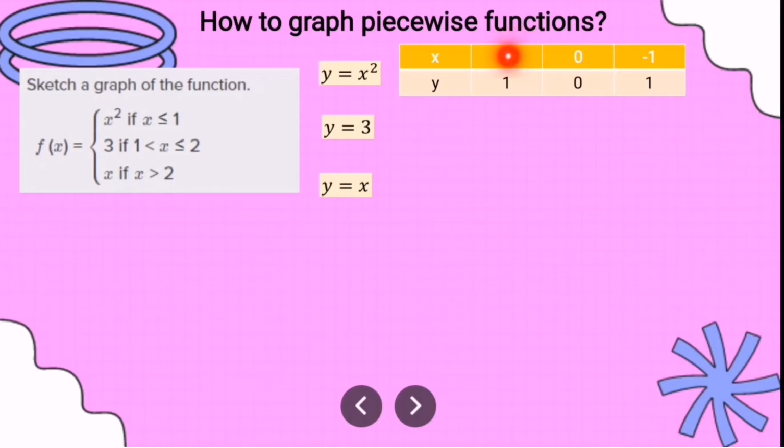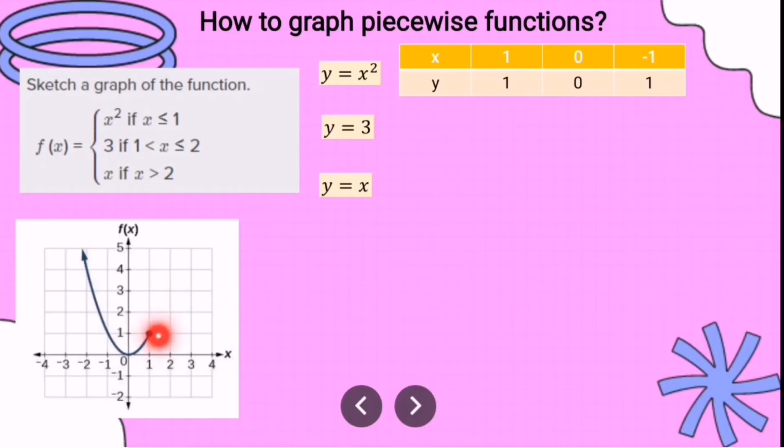Let's plug x in our equation. So, 1 squared is equal to 1. So, our value of y is equal to 1. And we're going to plot positive 1 in the Cartesian coordinate plane. And that is here. Now, that is going to be a closed circle according to our inequality sign less than or equal to.